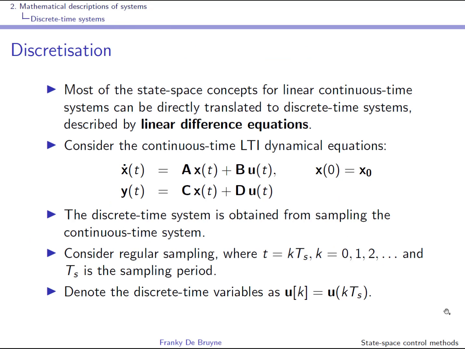So far we have considered continuous time linear state space descriptions, but if we sample the signals and we consider regular sampling instants t equal to k ts, where k is an integer, we obtain discrete time state space descriptions, which are really linear difference matrix equations, as we will see.